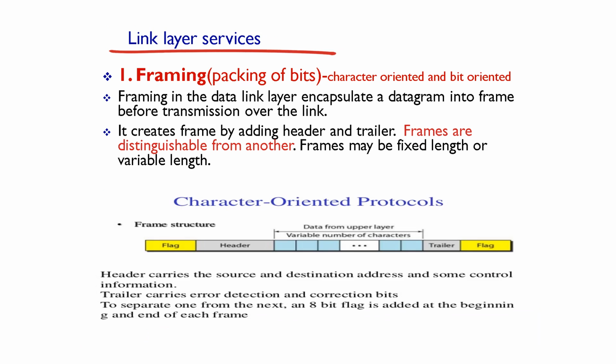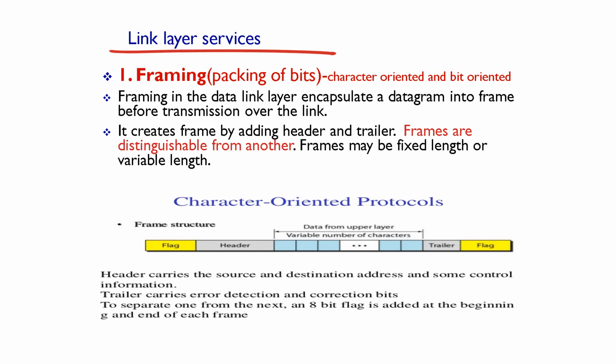The first service of the link layer is framing. As we referred to in the previous slide, framing is the packing of a set of bits. There are two different types of framing: character oriented framing and bit oriented framing. Framing in the data link layer encapsulates the datagram into a frame before transmitting over the link.